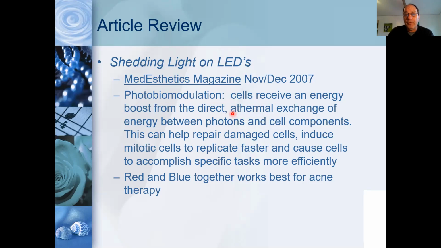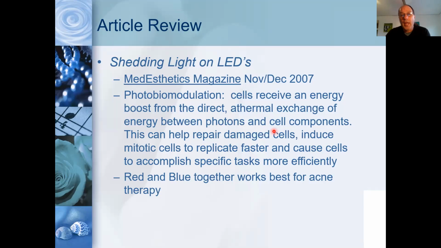So in this study, what they've shown is that there's no heat, but you get energy exchange between light, which this author calls photons, which I'll tell you where that word came from in just a moment, and the living tissue, which is the biology.